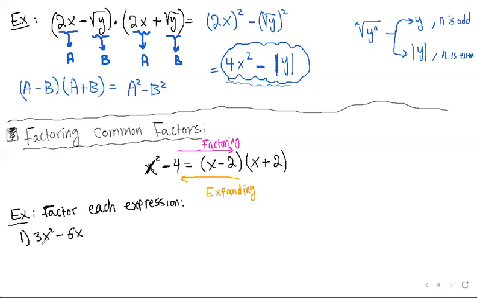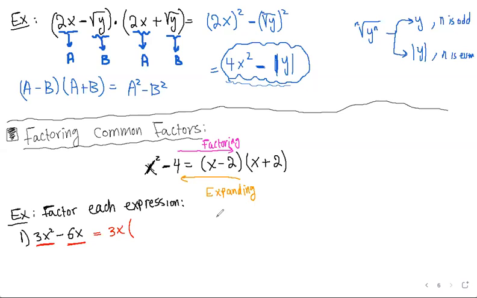This is the first term, and this is the second term. So I'm looking for the greatest common factor between the numbers of the first term and the second term. What's the greatest common factor for the numbers? It is 3. Exactly. Now we're looking for the variable. What's the greatest common factor for the variable x and x squared? It is x.